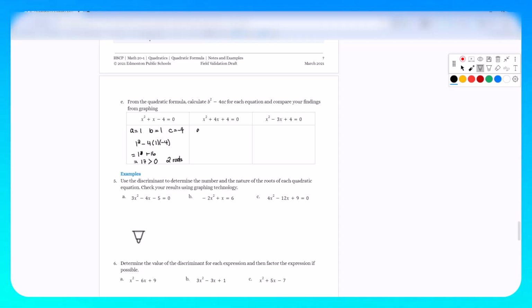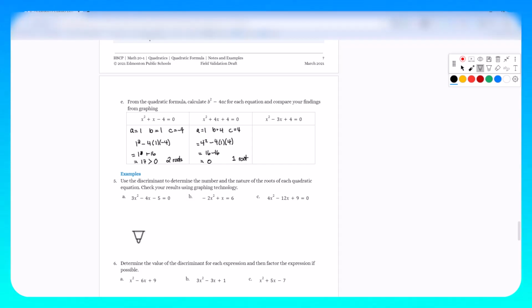What about this one? a equals 1, b equals 4, and c equals 4. Well, for this one, we have, again, b squared minus 4ac. This gives us 16 minus 16, which is 0. So we should have one root.